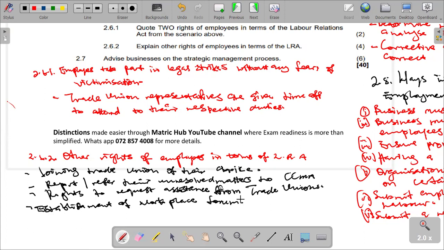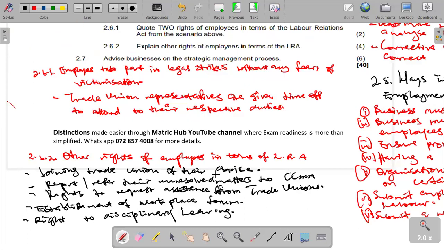They have the right to that. Also the right to a disciplinary hearing. Sometimes employees have problems in the workplace. In such cases, employees must always be given the right to a disciplinary hearing.